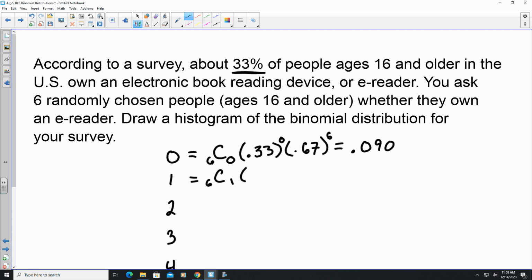So the 0.33 from the survey is raised to the 1 power, because one person said they did, which meant that 5 people would be under the 0.67. If you do all the math, this turns out to be 0.267, so you'd have a 26.7% chance of this occurring.